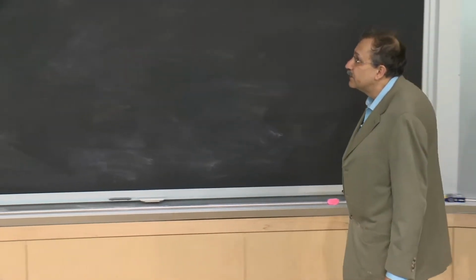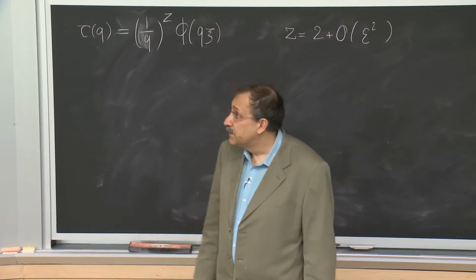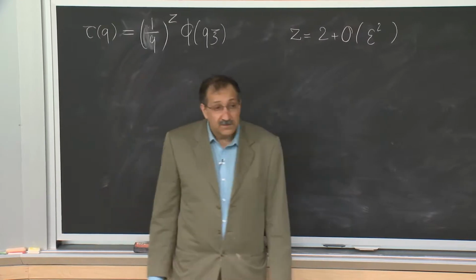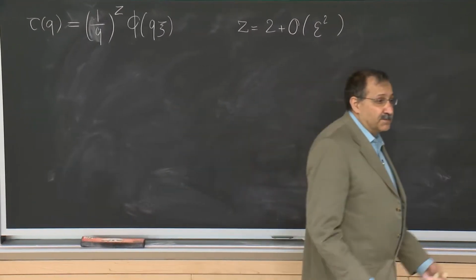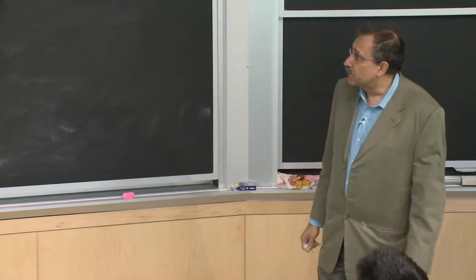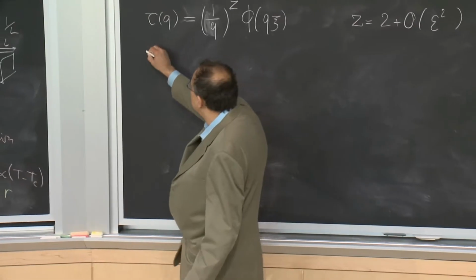Now, it turns out that this is not the end of the story. Because we have seen that the same probability distribution can describe a lot of different systems. Let's say we focus on the case of n equals 1.